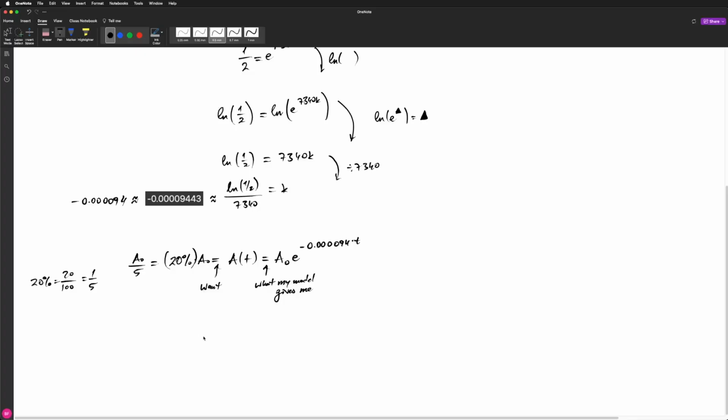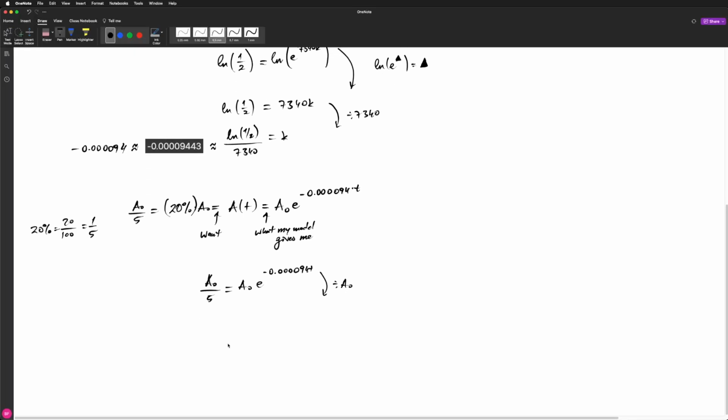And again, if I put the leftmost and rightmost sides together, I get this equation in t this time. And again, it doesn't matter how much mass you start with. So I can divide by A0, and the A0s disappear from both sides.